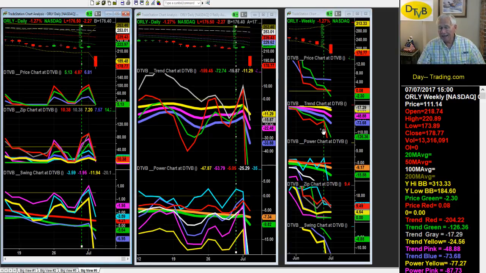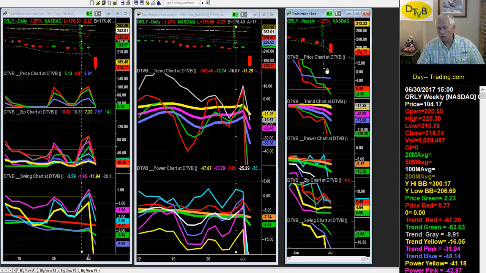When you recognize the fact over here in the weekly chart that you have on the trend red, an up-touched green. Now, again, this vertical line in the weekly chart is June 30th, and that corresponds with the other two vertical lines. We also have an uptouch in power Zion, uptouching the 0.